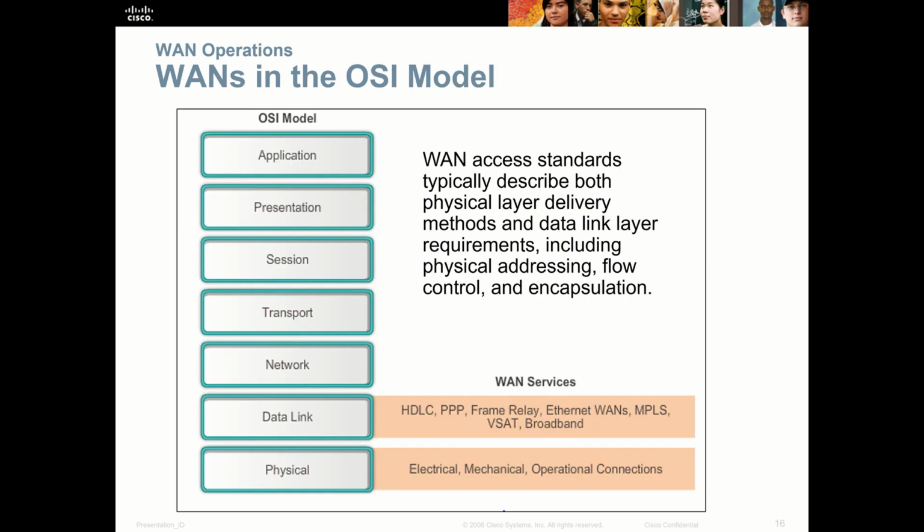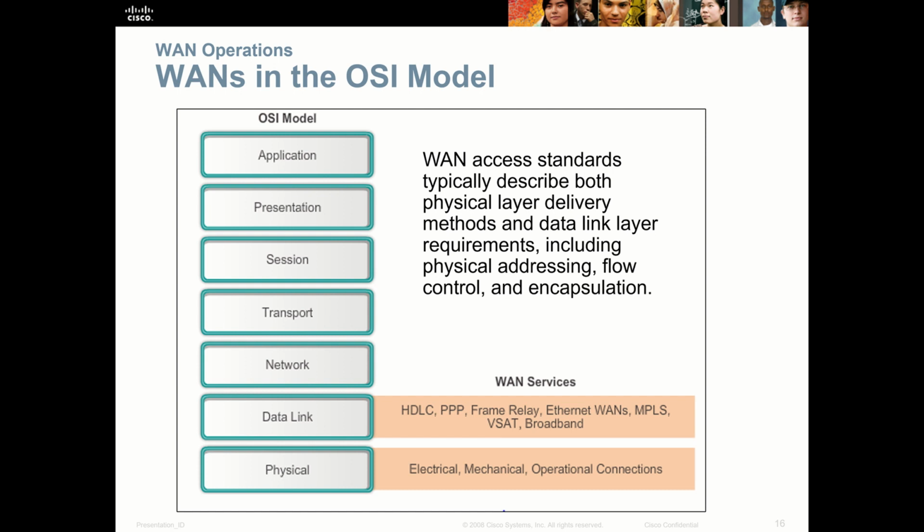So let us look at the WAN operation. This is where wide area network sits in the OSI model. In the 7 layers of the OSI model, contrary to what people believe, because what we see is we are sending a packet to a different network, some students may think that WAN operates on the network layer.